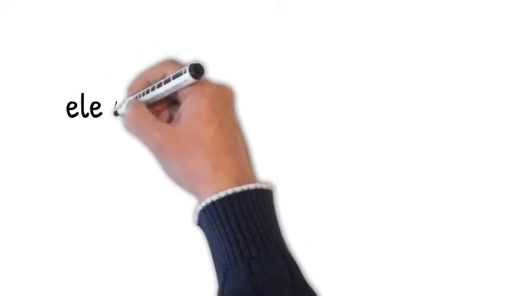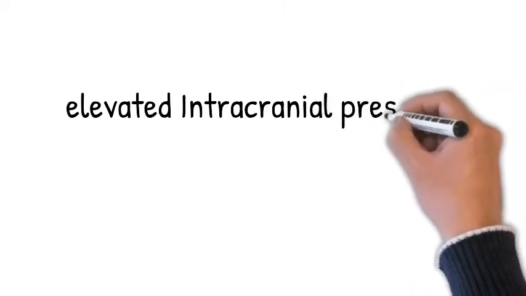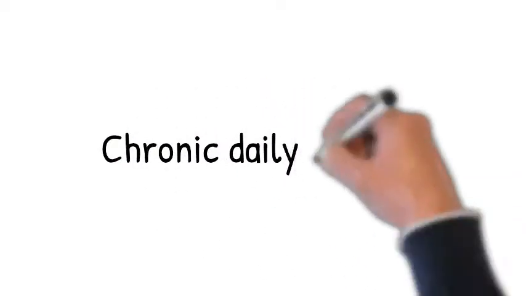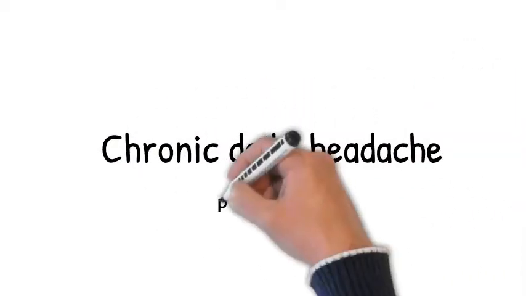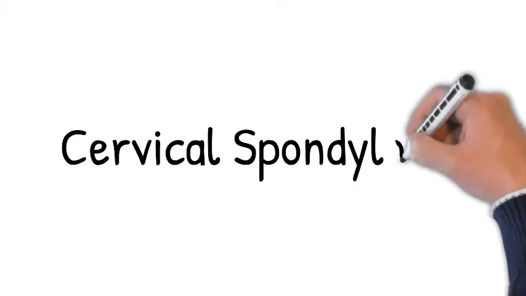Further, check for chronically elevated intracranial pressure by asking, does the headache worsen on waking, and is it associated with focal neurological signs. Chronic daily headache has a long history of analgesic overuse over 1 or more years. For cervical spondylosis, ask about neck pain associated with headache.